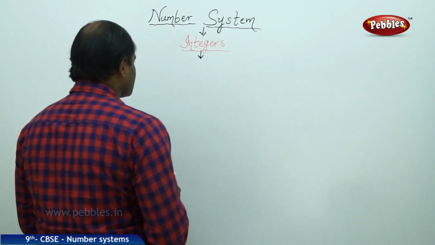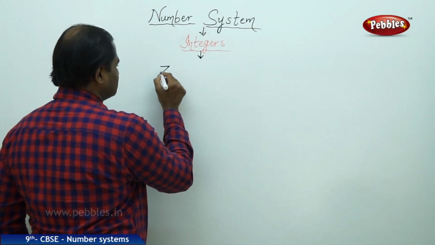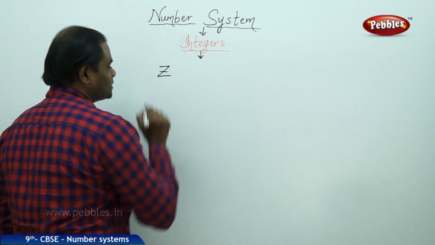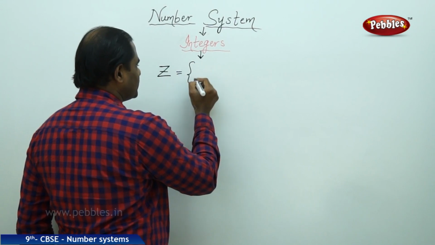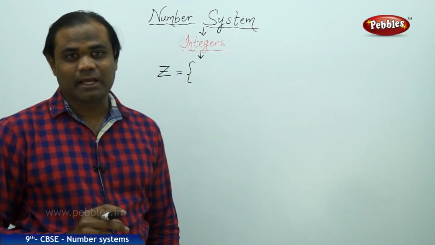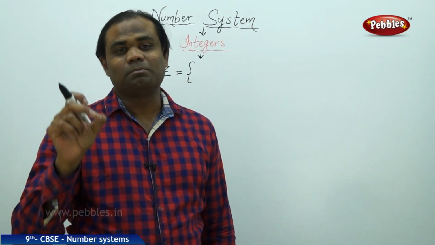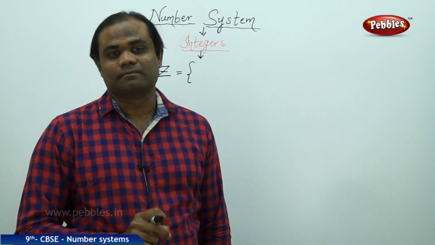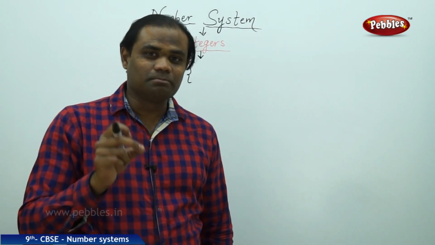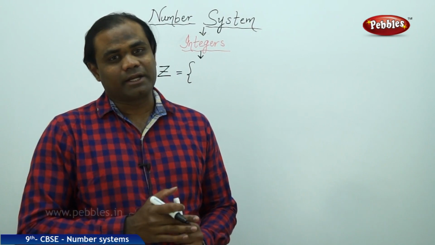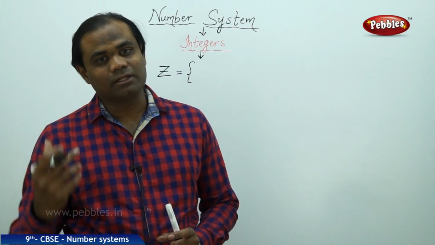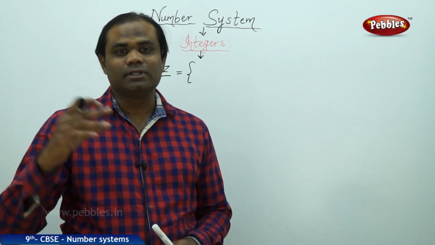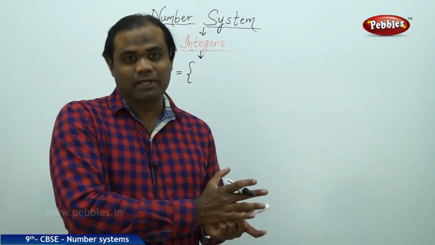Integers are denoted by capital Z, and it is nothing but the set of all natural numbers and whole numbers, which are both positive and negative. So in the simplest understanding, the set of integers is the natural numbers and the whole numbers taken both on the positive side and the negative side.